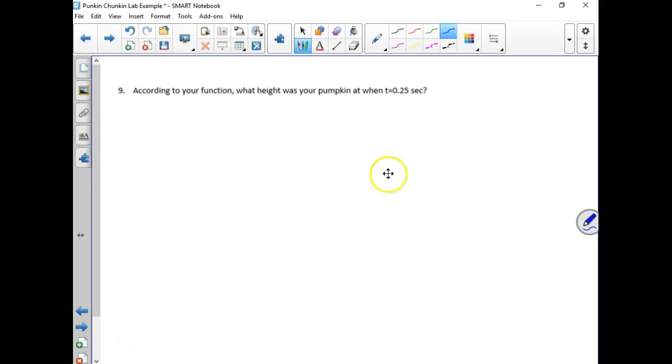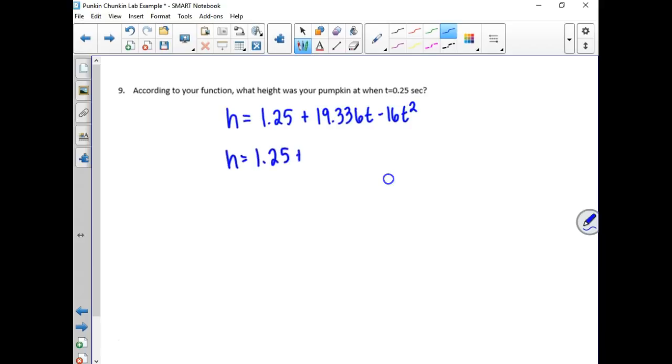For number 9, it asks, according to your function, what height was your pumpkin at when t equals 0.25 seconds? So for this, I'm going to use my equation, h equals 1.25 plus 19.336t minus 16t squared. And I'm just plugging in 0.25 for my t. So h will equal 1.25 plus 19.336 times 0.25 minus 16 times 0.25 squared.